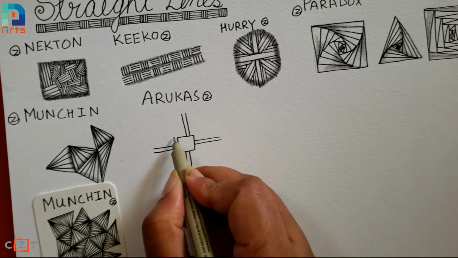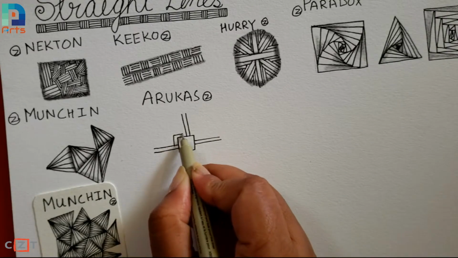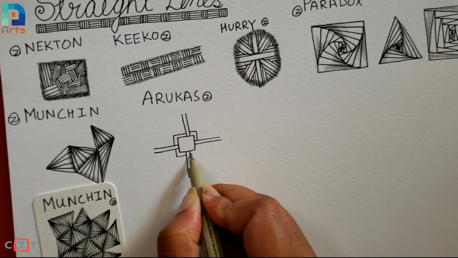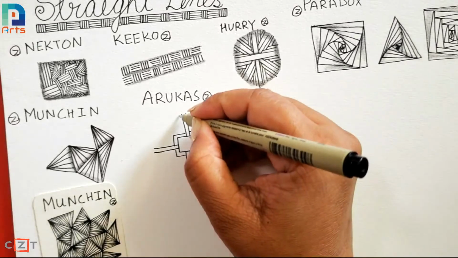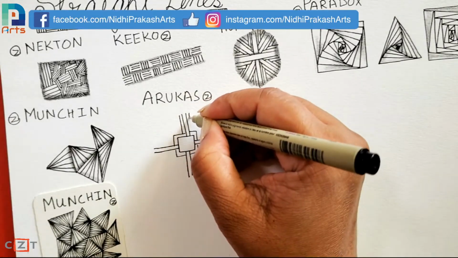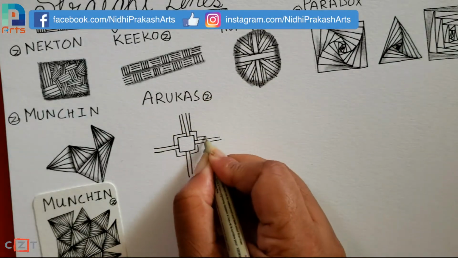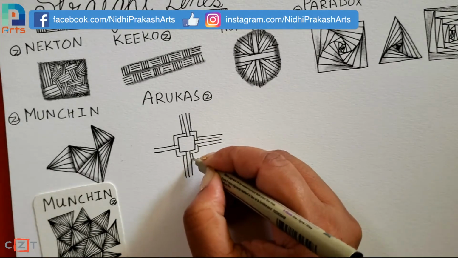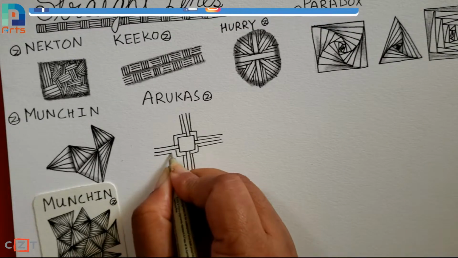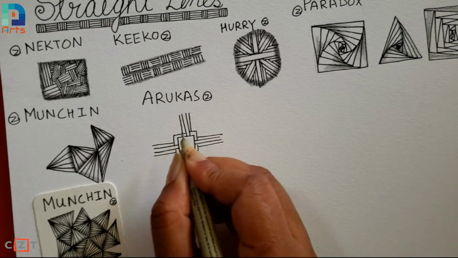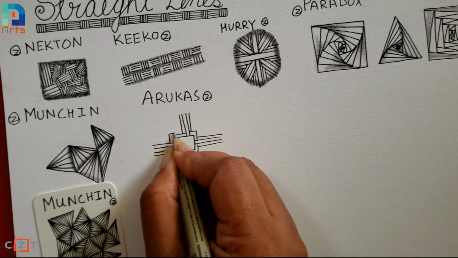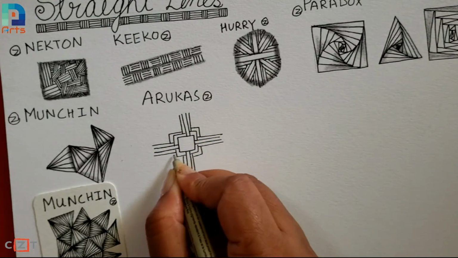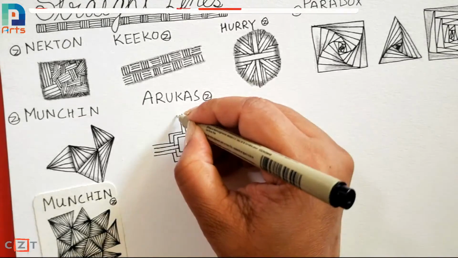And then you keep on drawing the center shape, and then you keep on drawing the parallel lines on all four sides. So this is the Arukas with the straight line.